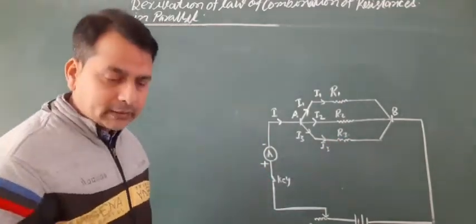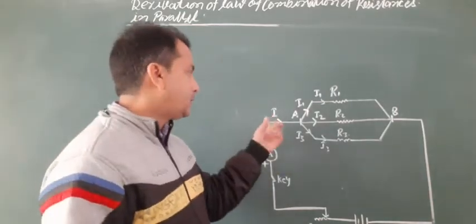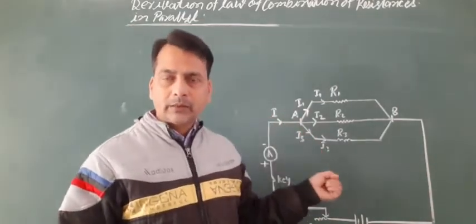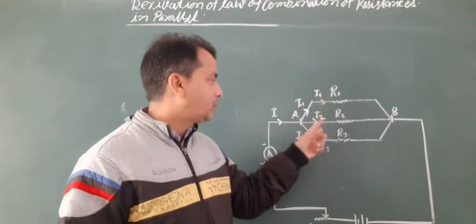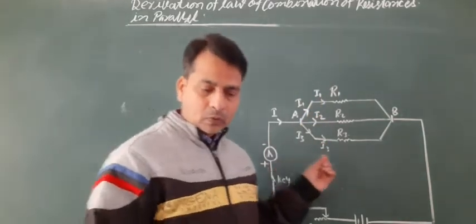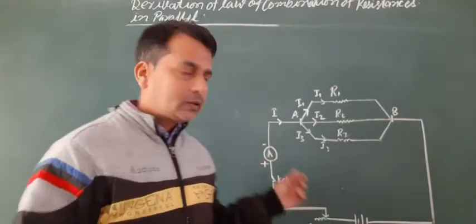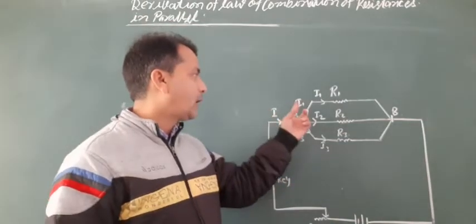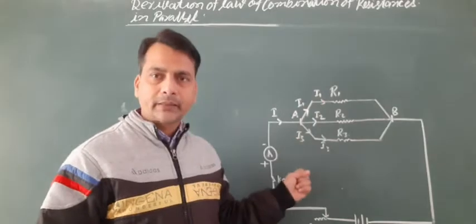So it is clear that the net current I is distributed into I1, I2 and I3. Here is the total current: I equal to I1 plus I2 plus I3.